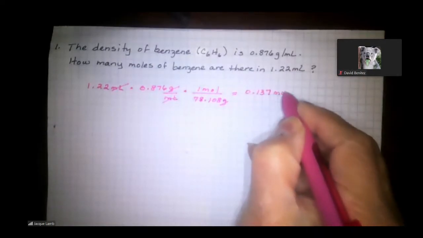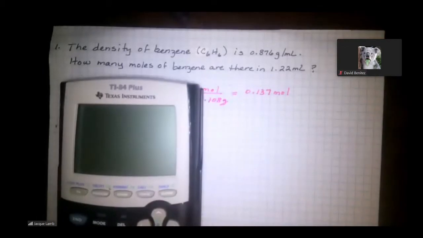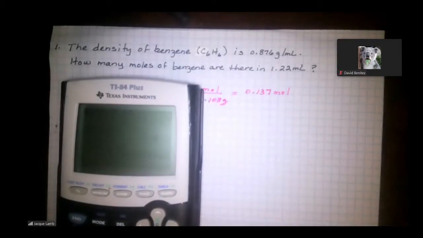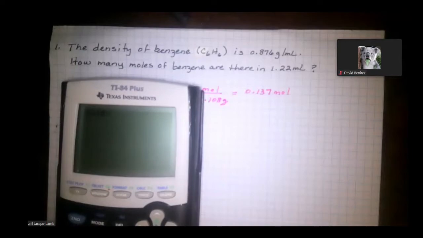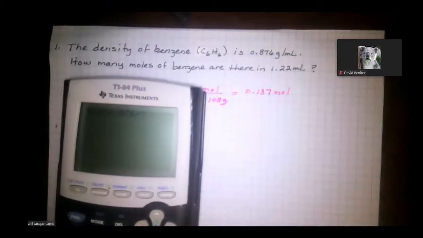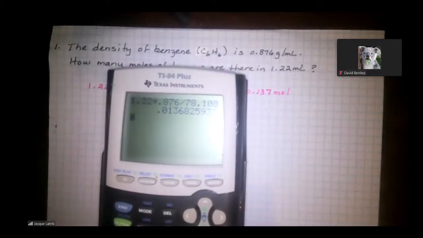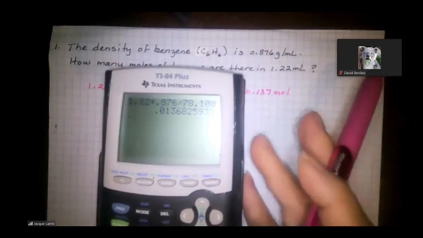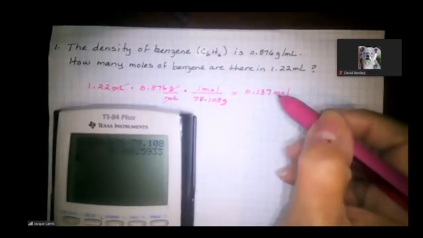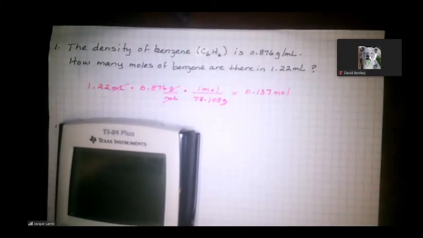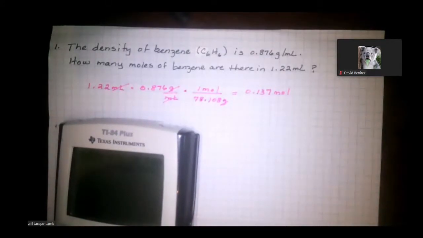Now I'm going to do that math for you because I want you to see 1.22 milliliters times 0.876 and divide that by 78.108. What I get off my calculator, if you can see that, is 0.01. I'm missing a 0. 1.22 times 0.876 divided by 78.108.